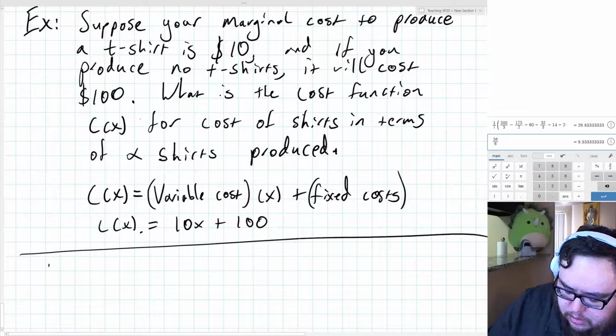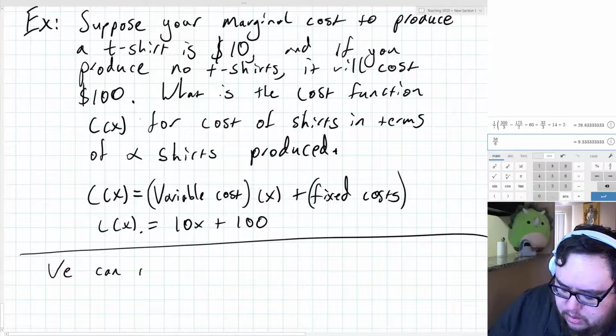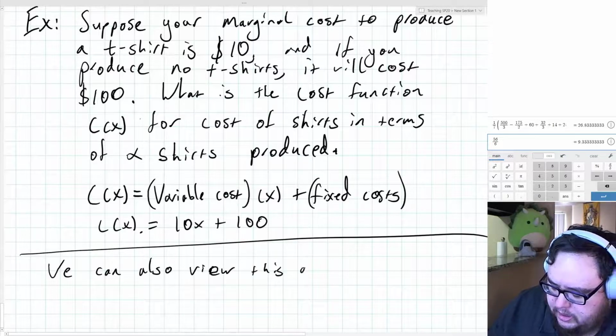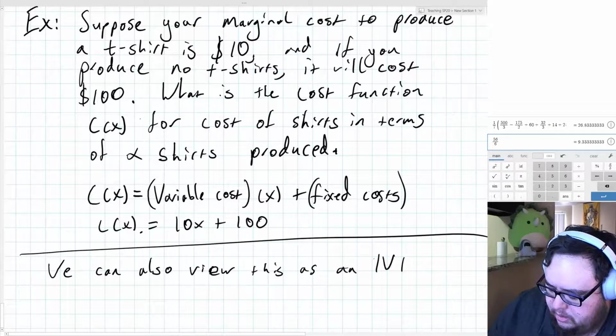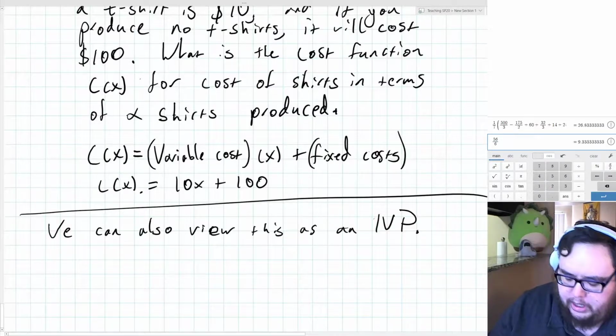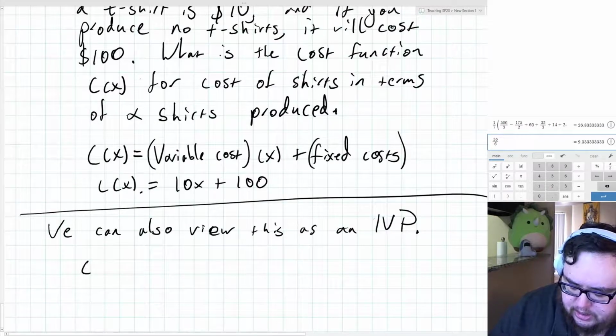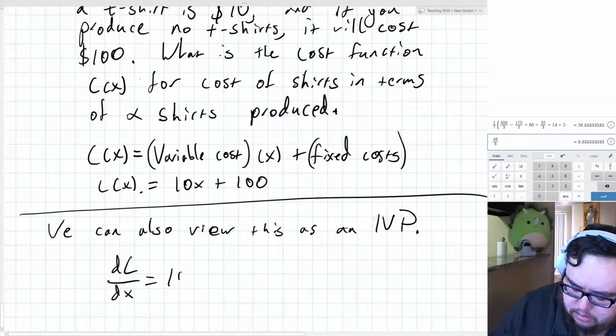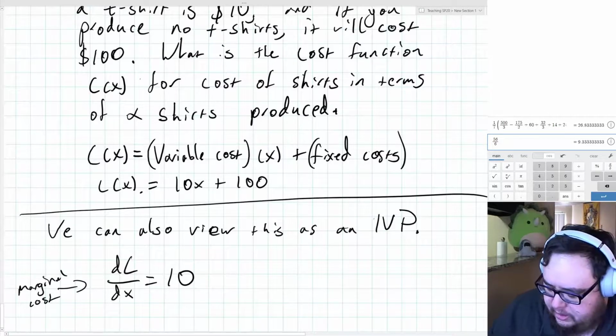So we can also view this as an IVP, where the marginal cost, the derivative of the cost with respect to x, is equal to 10. And C of 0 is equal to 100.